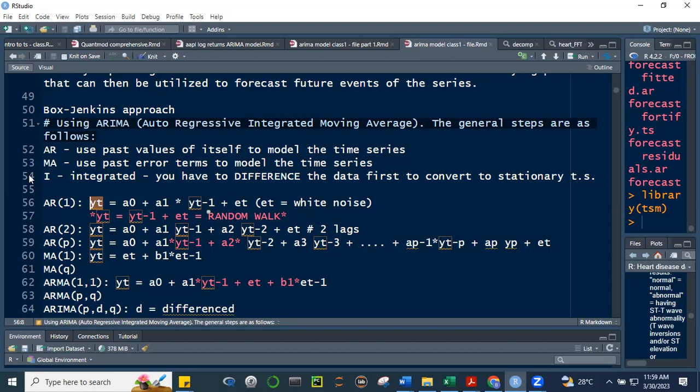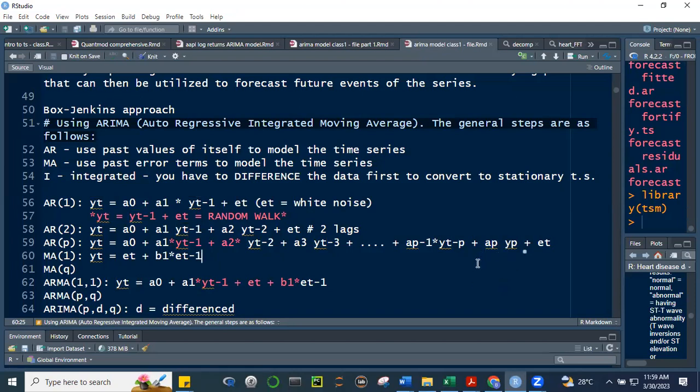And while we're here, sabihin natin ARP. So yung ARP generic, autoregressive at lag P, which means A sub 1, A sub 2, A sub 3, up to A sub p times y sub t minus p plus a certain error term.